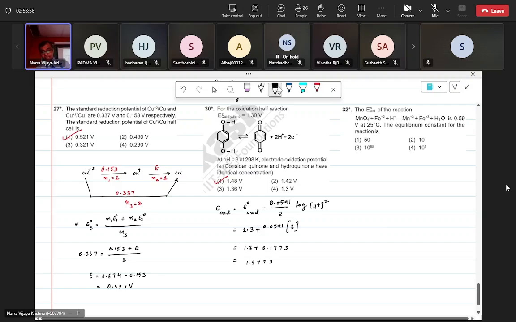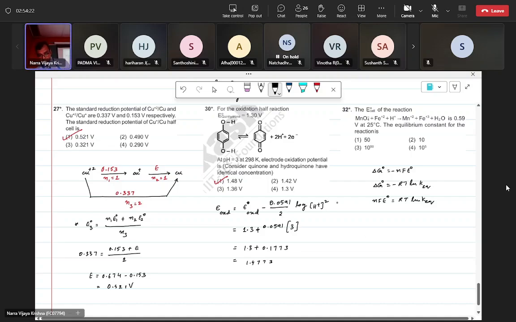We know the equation delta G naught equal to minus NF E naught, correct? One more equation we know: delta G naught equal to minus RT ln K equilibrium. Equate both. What do you get? NF E naught equal to RT ln K equilibrium.